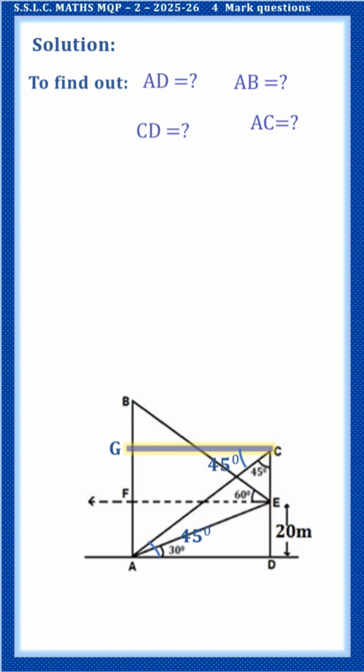Now let us find AC, the distance between the top of the building and the foot of the tower. Look at the figure. This belongs to the triangle CDA, isn't it? Here we have to find the hypotenuse.